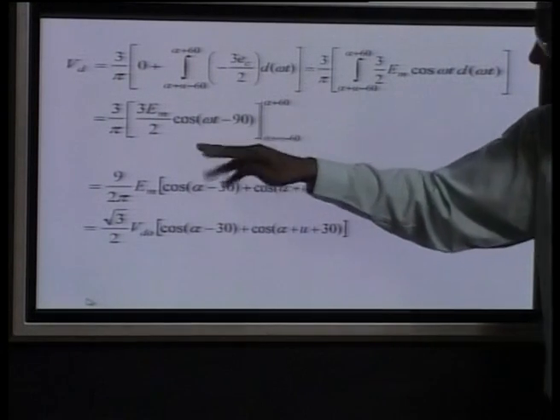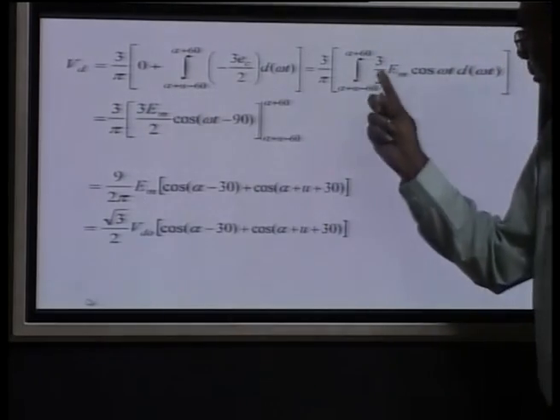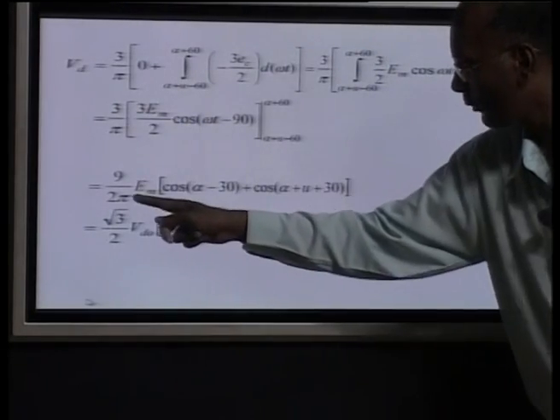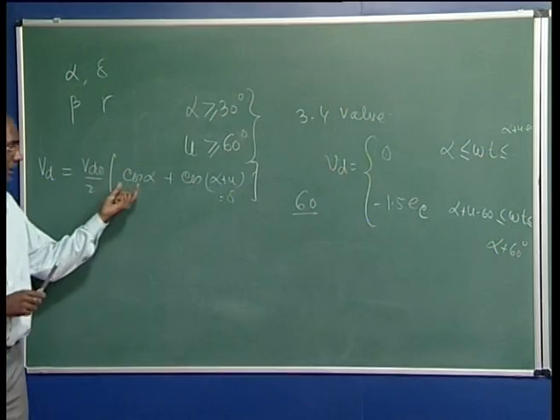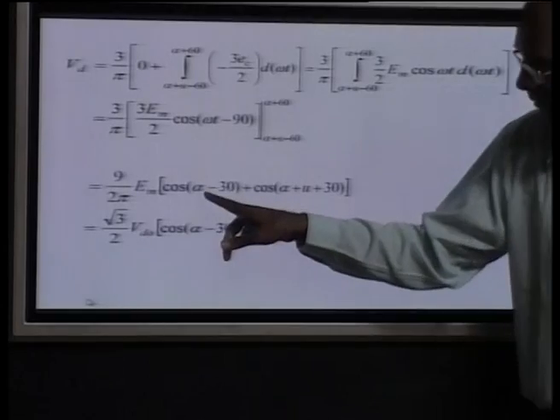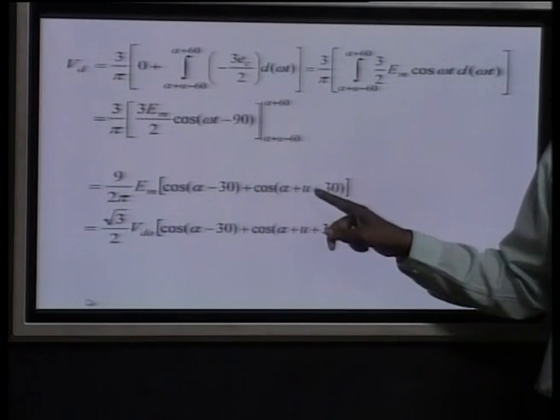Then we put in the limits, and here again the 3 by 2 is there, and now we get this expression. You can see we are getting a similar expression: here it is alpha minus 30, and here we get alpha plus u plus 30.